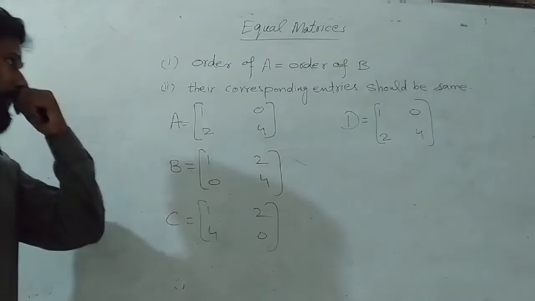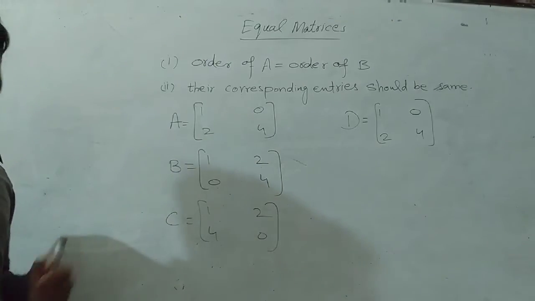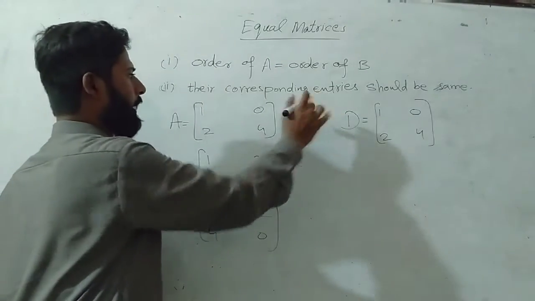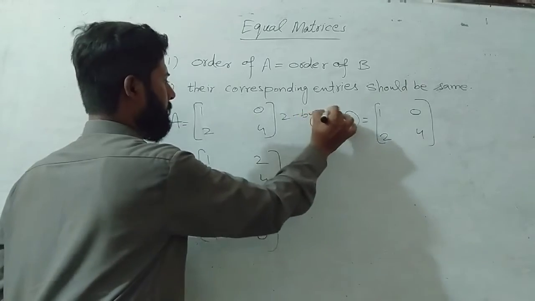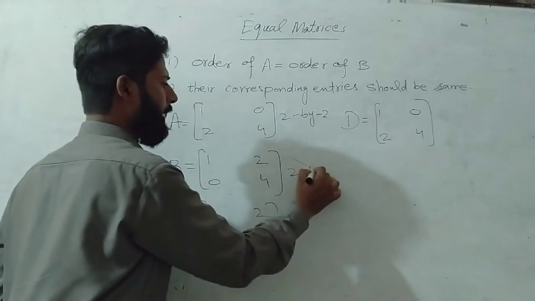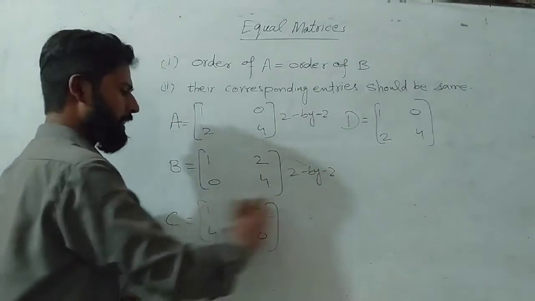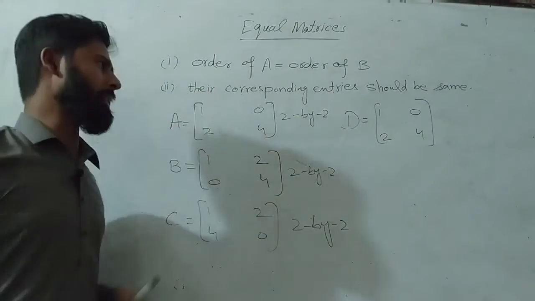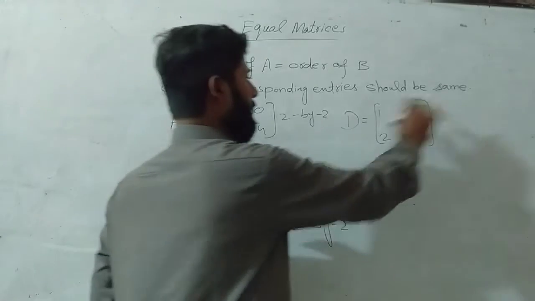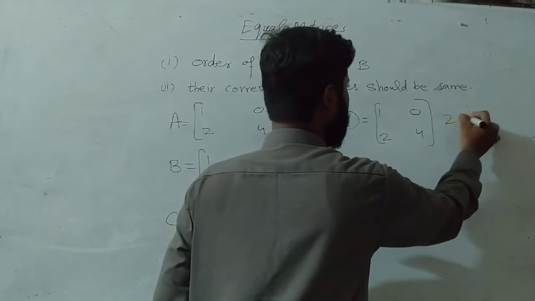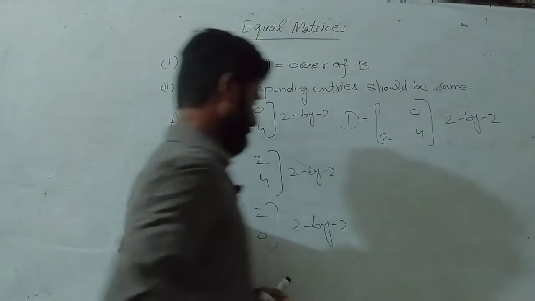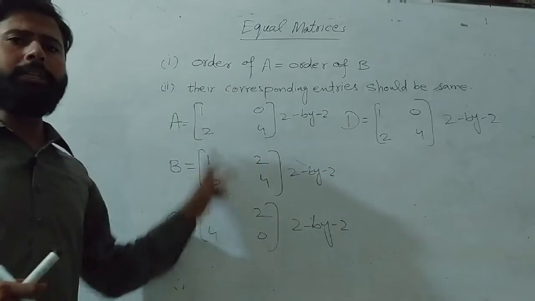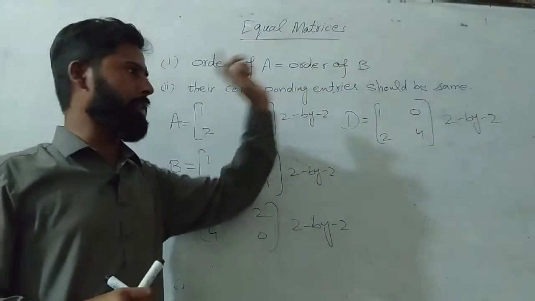Now if you see the first condition about the order of the matrices, its order is 2 by 2, its order is also 2 by 2. About order we have discussed in the previous lesson. So all matrices are fulfilling the first condition.